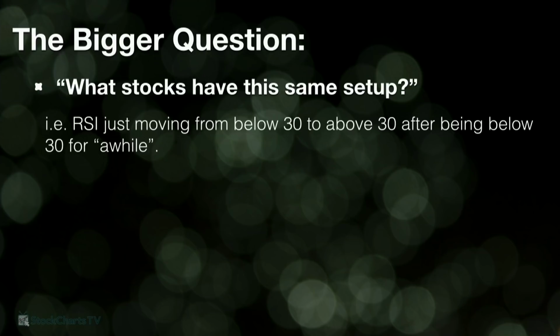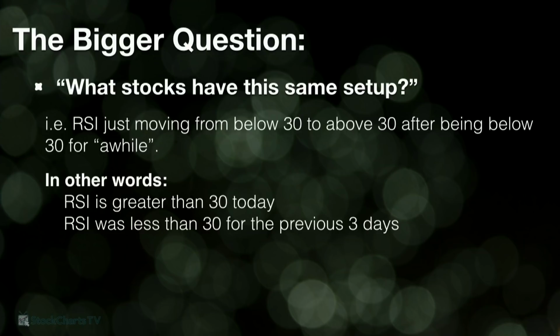And so let's talk about that, and let's turn that into something that the scan engine, that our StockCharts account can use. Just breaking that down a little more, this process of breaking down something you see visually into something that you can describe to the scan engine is a skill you need to develop.